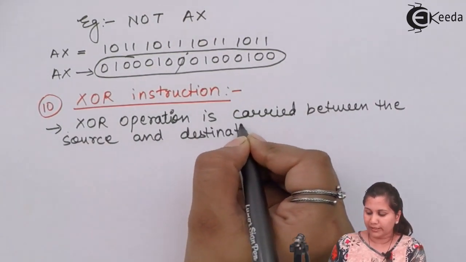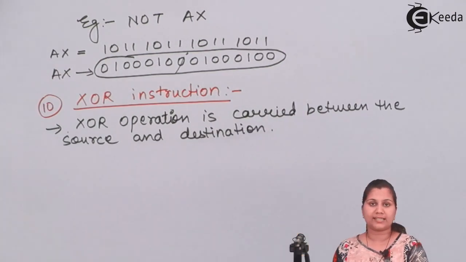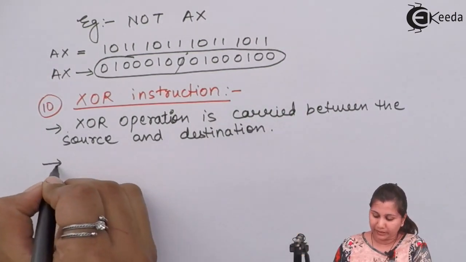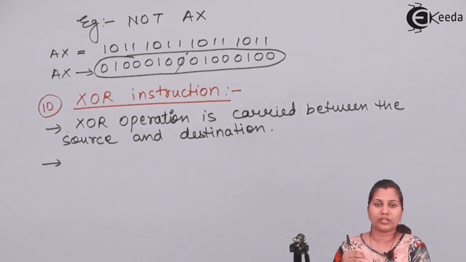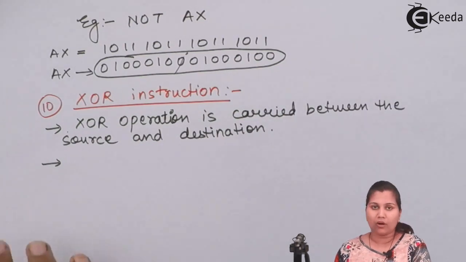The logical XOR operation says that when the two bits of the source and the destination are dissimilar to each other, then we will get a high on the output.